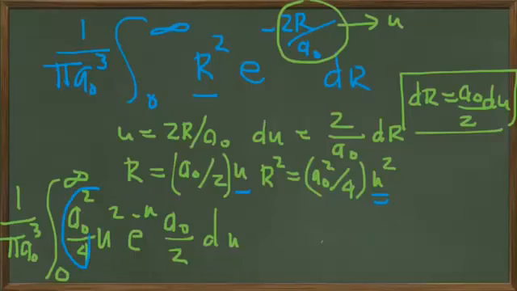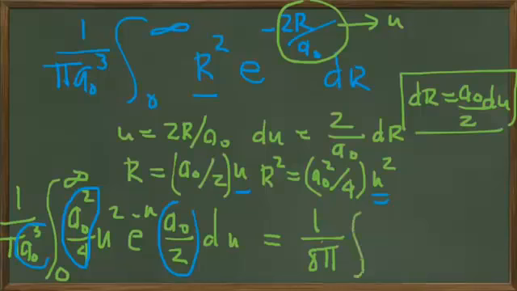If we combine this constant and this constant, we get a0 cubed over 8, which can cancel out with the a0 cubed here, so the constant out front of the integral now becomes just 1 over 8 pi, and then we're only left with integrating u squared e to the minus u du between 0 and infinity.